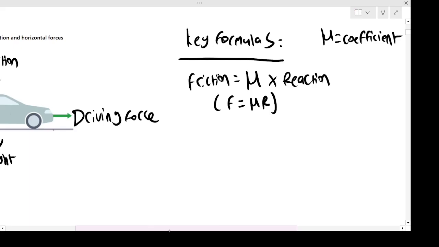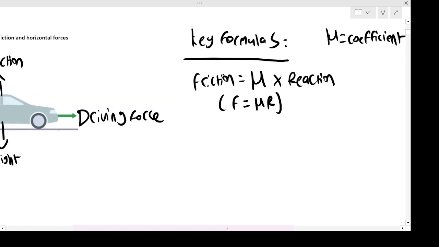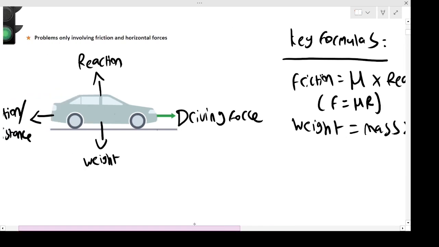The second formula is to do with the weight. We can say that weight is equal to the mass of the object, so the mass of the car, times g. Now g is just a constant number, like pi.